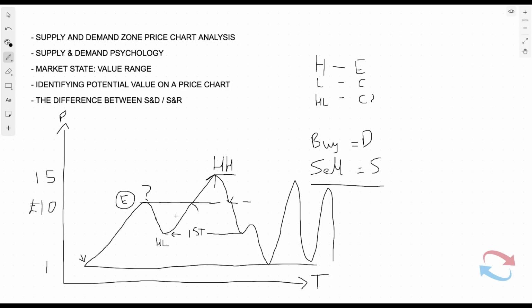There's no demand at that price, and then you'll have a market where, if it comes down to 2 or 1, you'll get buyers who understand, fundamentally, that this is undervalued. And this is where they will start to pile in.